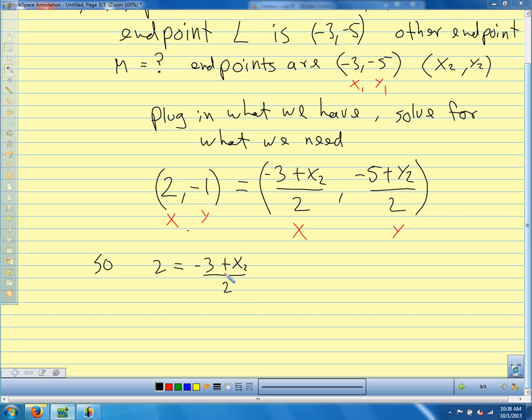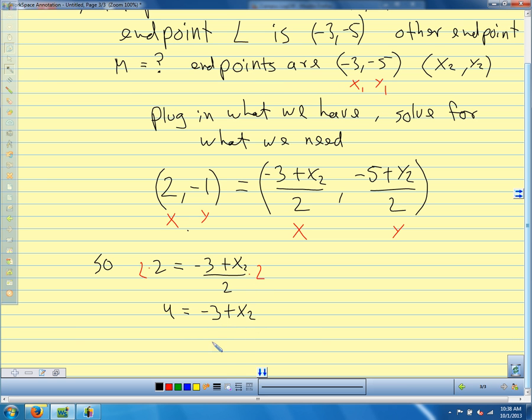So how are we going to find x2 from here? How do we get x2 by itself? Can we add 3? This 2 is dividing the whole thing, so multiply everything by 2. I get 4 equals, and these cancel out, -3 plus x2.